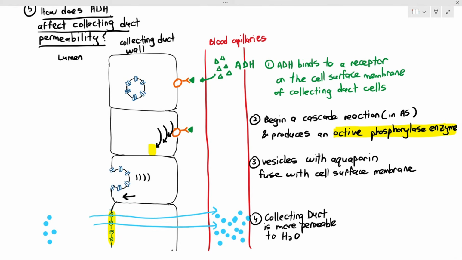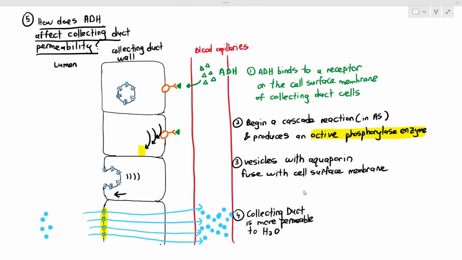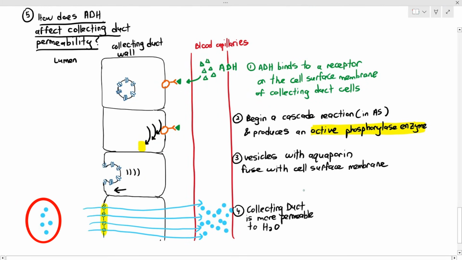And that's what it was supposed to do. The ADH was supposed to reabsorb more water anyway. And look at the volume of the urine that is left. Whatever was not reabsorbed in the lumen is the one that becomes the urine. And so the volume of the urine will be very low in this case. So this is good.